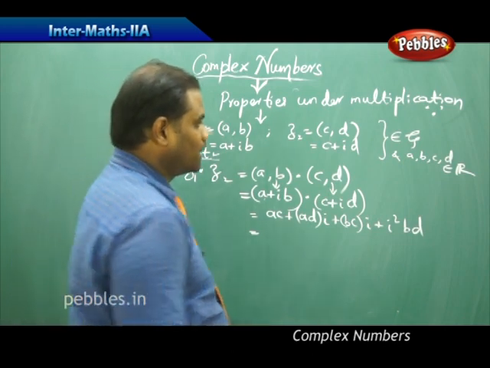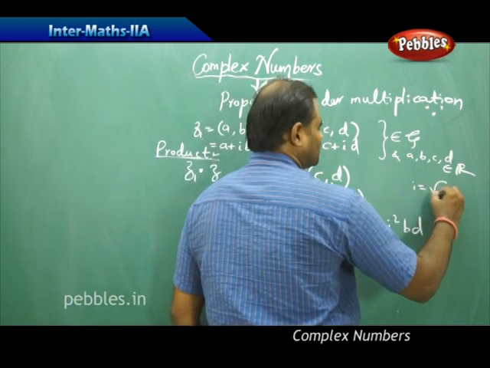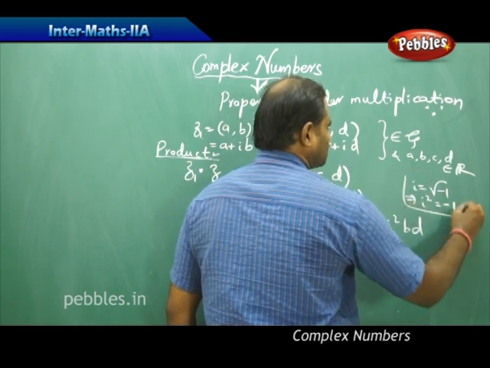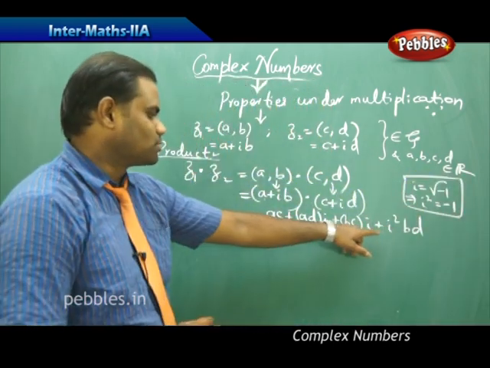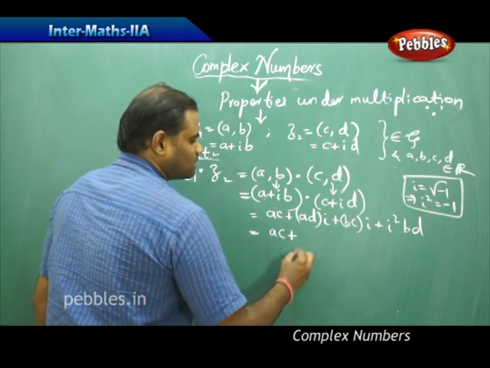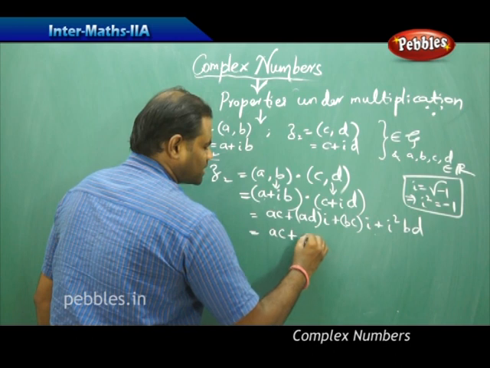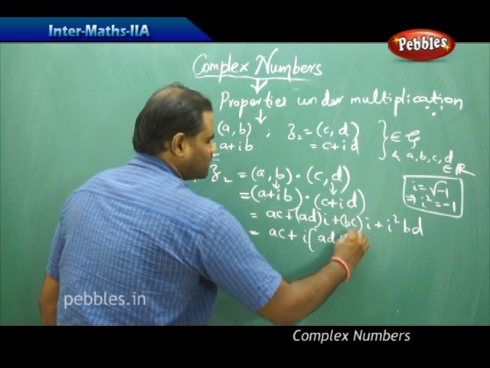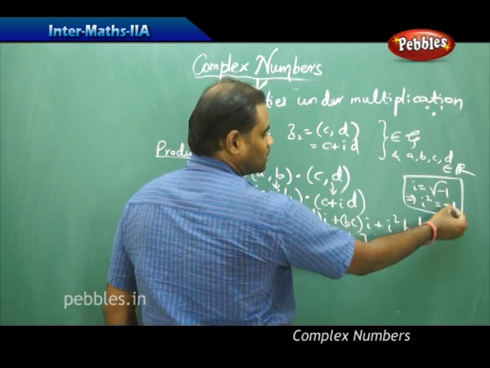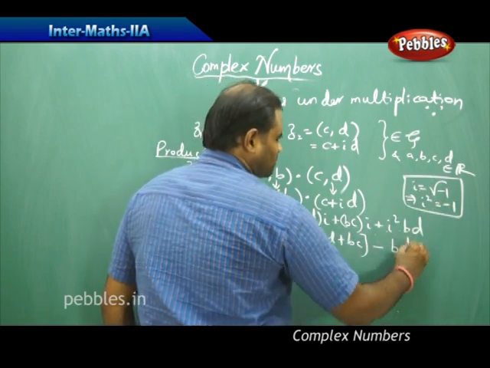Now since i is root minus 1, that implies i square is minus 1, through which I substitute i square equal to minus 1. Therefore, ac plus, with i taken common, I get (ad plus bc), and this i square being minus 1, I substitute this for minus bd.